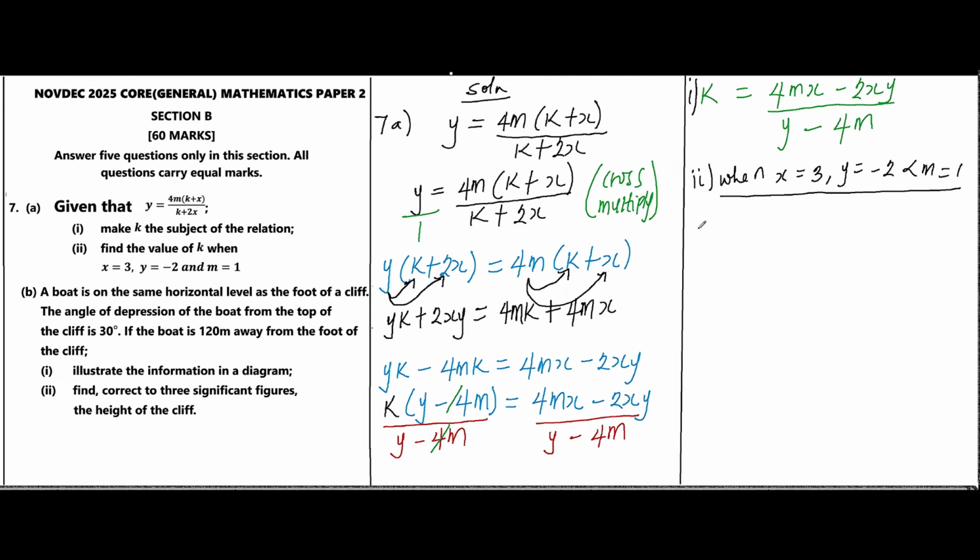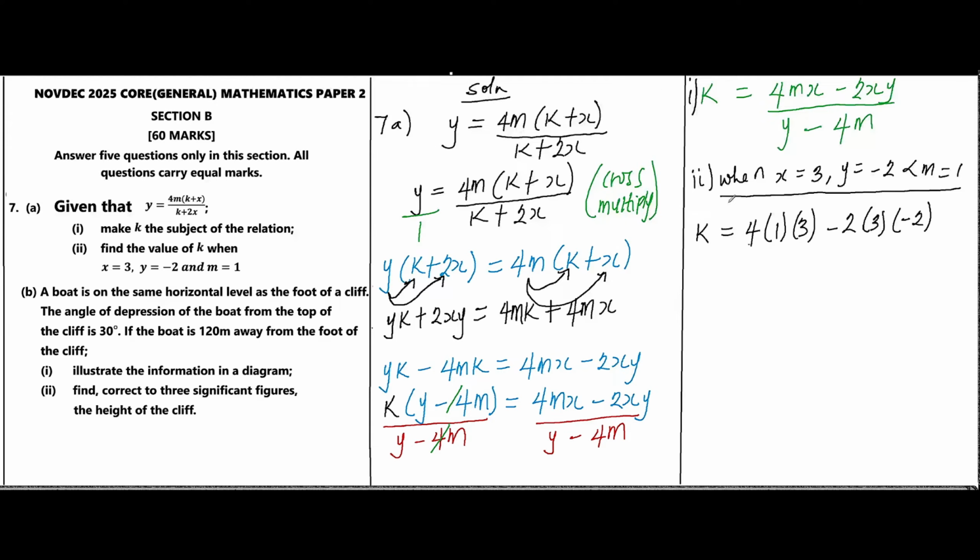So we have k being equal to 4, you know m as 1, you know x as 3, minus 2xy. So minus 2, you know x as 3, you know y as -2.